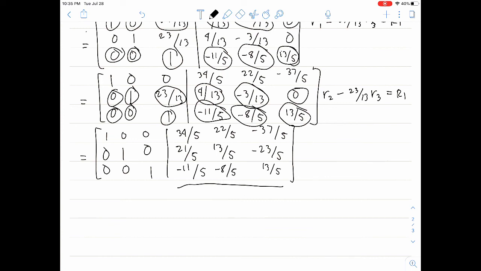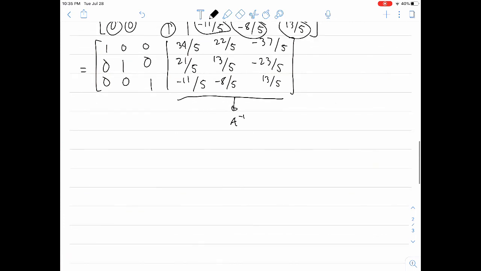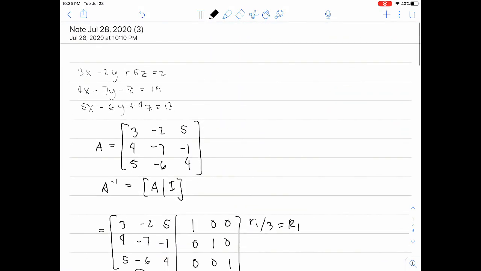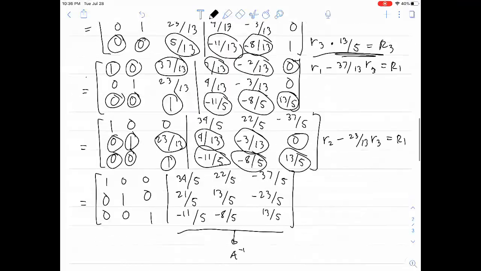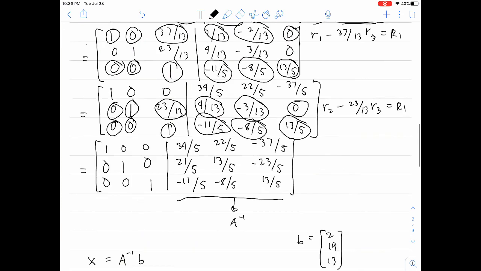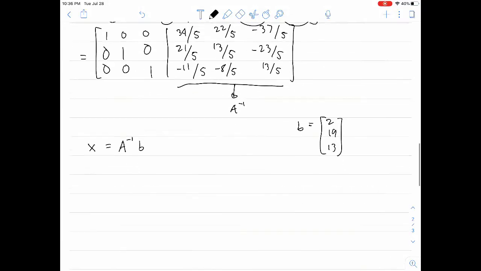Okay, so this is now our A raised to negative 1, or the inverse. Since we are looking for x, the formula of x is the inverse of A times B. So B is 2, 19, 13, from these values. Check that. Okay, 2, 19, 13. And A inverse is this.